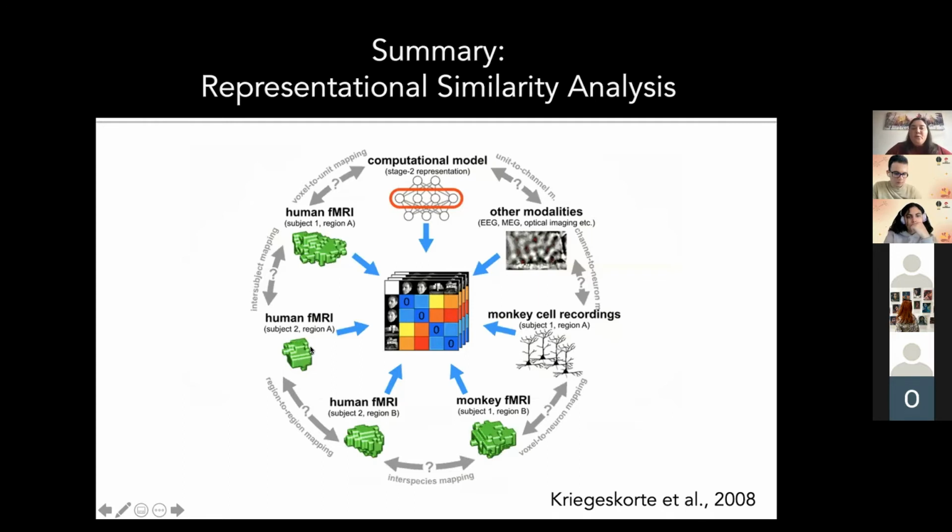Or for example, you can have a subject, let's say subject 2 in this case, and you can compare region A and region B. Or you can compare human fMRI, monkey fMRI, or you can compare monkey fMRI with monkey cell recordings, or computational models. So all of these comparisons are possible by having a dissimilarity matrix that is just a representation of how similar the stimuli are in terms of the neural activity patterns.